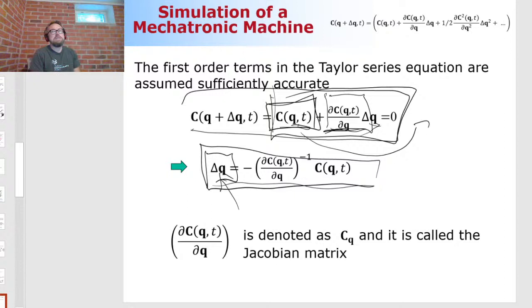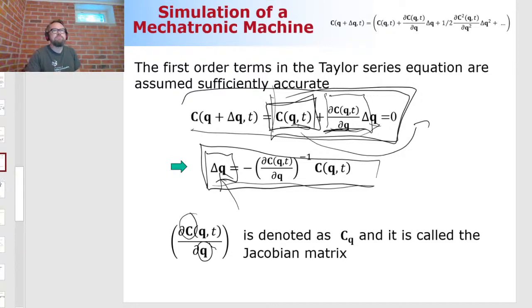This is called the Jacobian matrix. The ingredients you need to compute the Jacobian matrix are the constraint equations and the generalized coordinates, so you know them both. So it's just a bunch of, again, mechanical math, and that's it, nothing else.